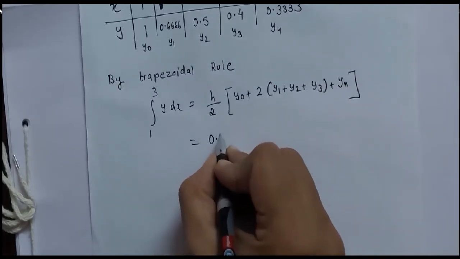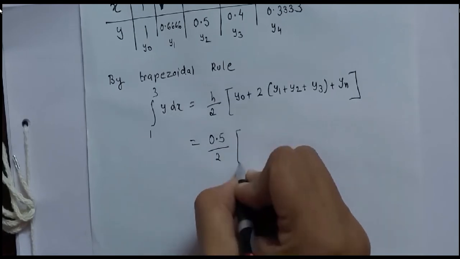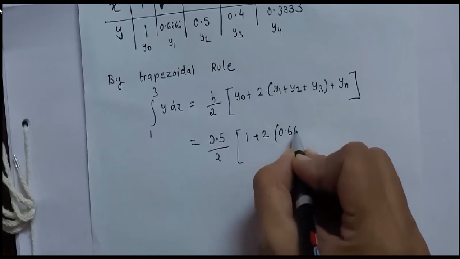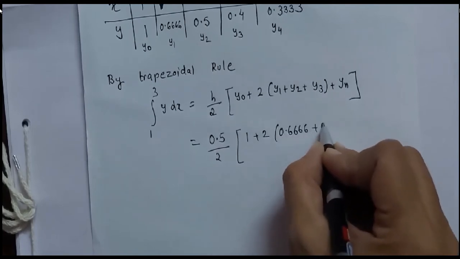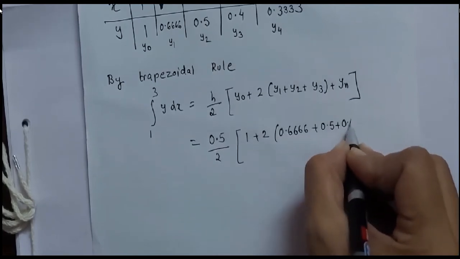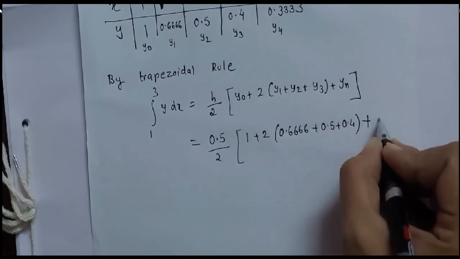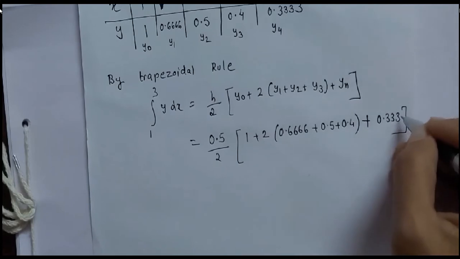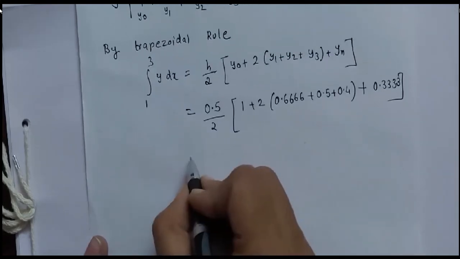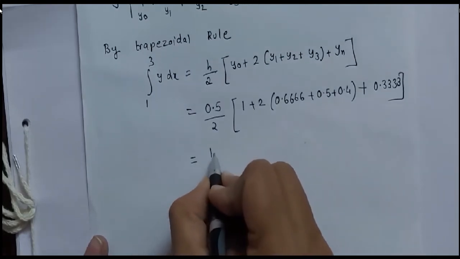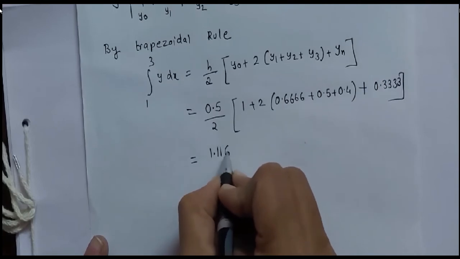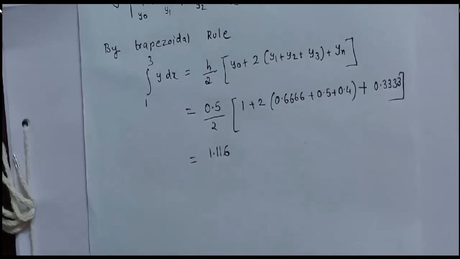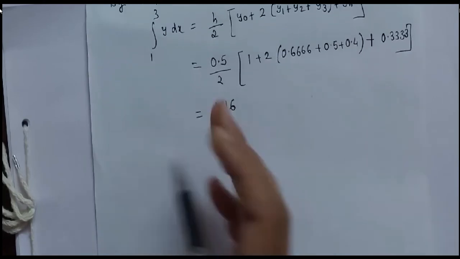My value of h is 0.5 divided by 2, y0 is 1, plus 2 times (0.6666 plus 0.5 plus 0.4), plus 0.333. When you solve this, you will get 1.116 by the trapezoidal rule.